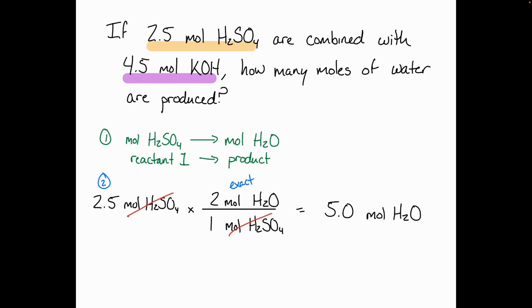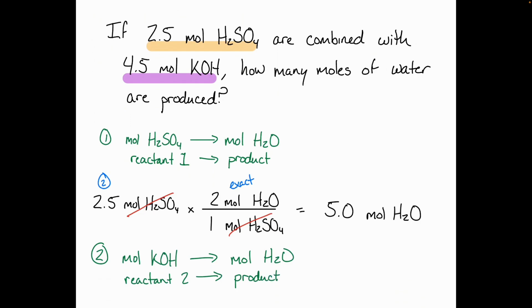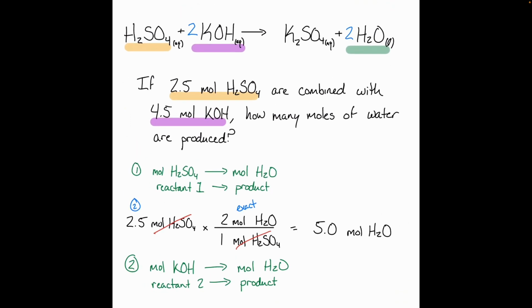So now we have to do a second calculation, where we're going to go from moles of KOH into moles of water. Now I'm going to take that second reactant, reactant 2, and convert it into product. Given our balanced chemical equation and the text of our problem, everybody take a second and perform this following calculation, converting from moles of KOH into moles of product.